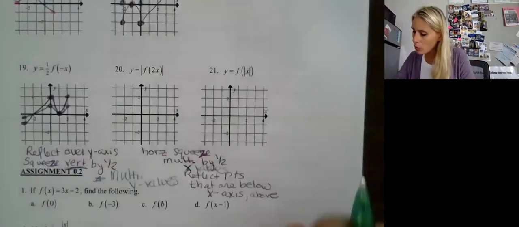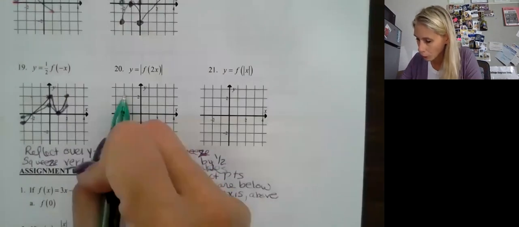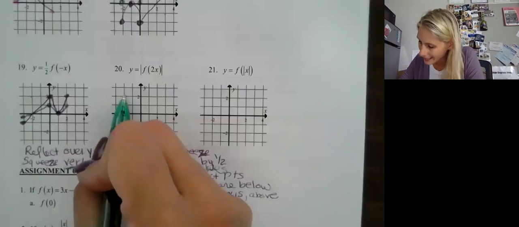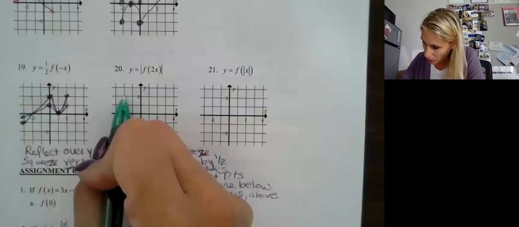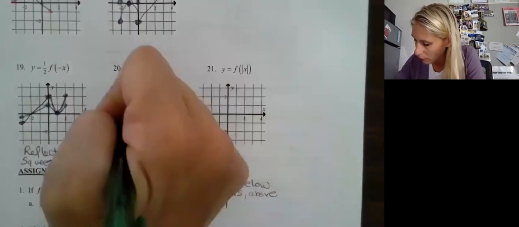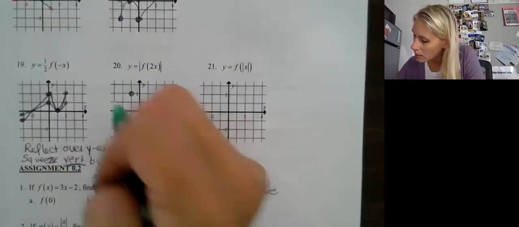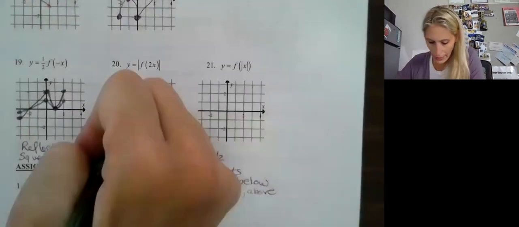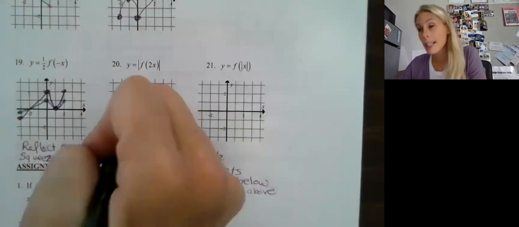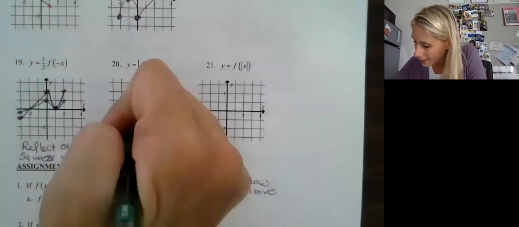All right, so if the original was here at -2, and I multiply the x value by half, I get -1 for the x value. The next one was -1, 0, and I multiply that by half, I get -1/2.